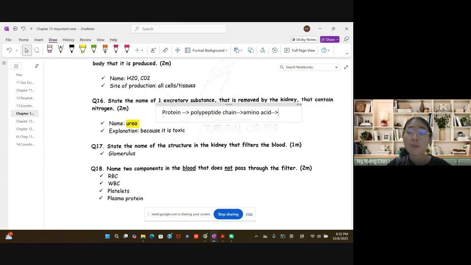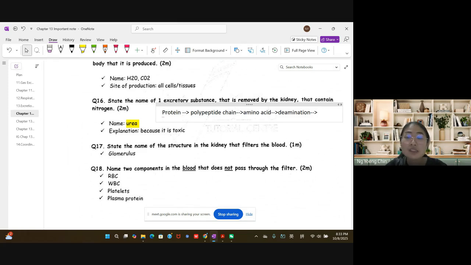This is performed by what kind of enzyme? For protein to polypeptide chain, it is performed by pepsin, and then by trypsin. These amino acids need to have the nitrogen group removed, so they undergo deamination.